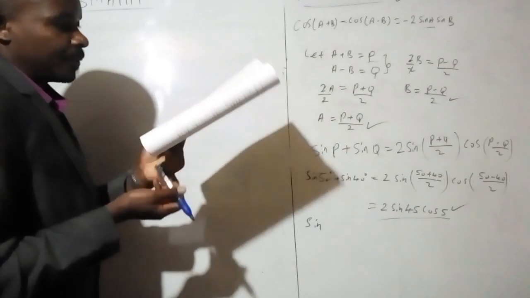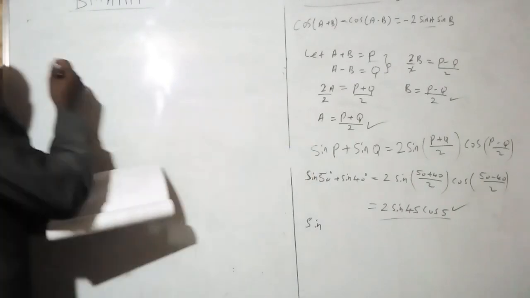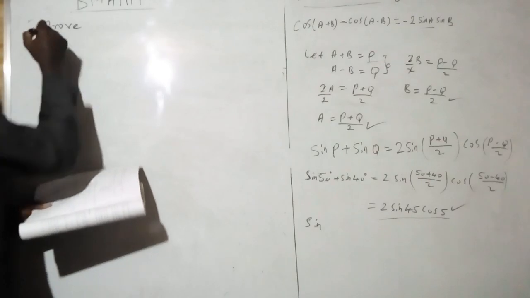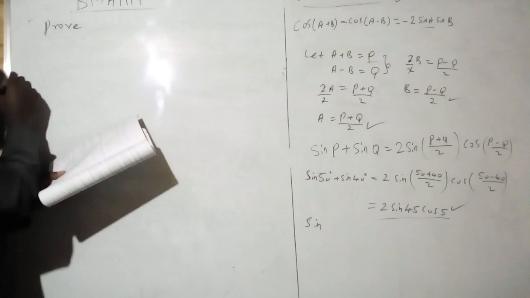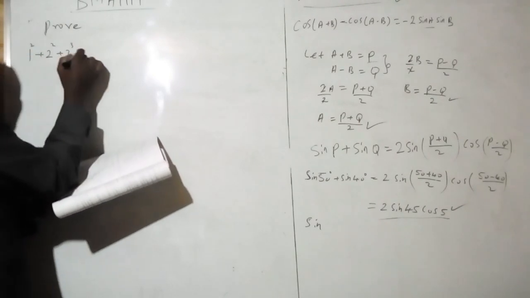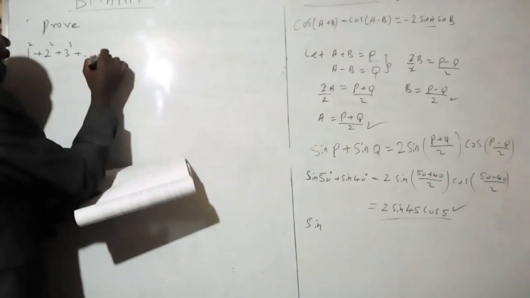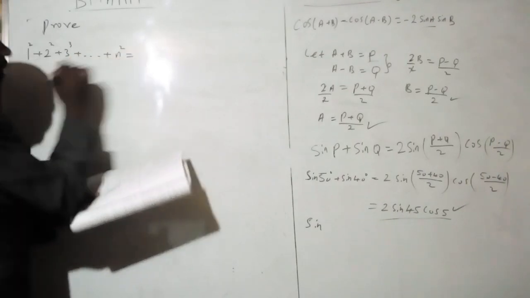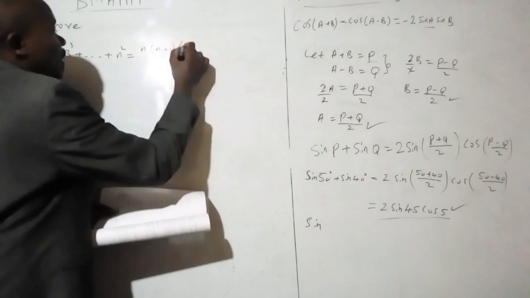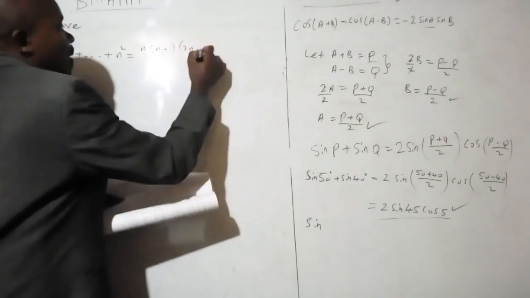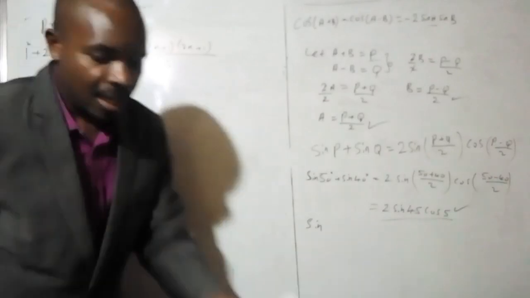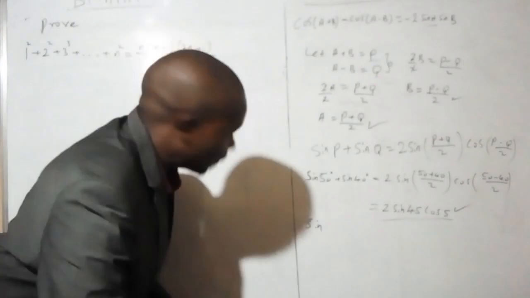We are supposed to prove that 1 squared plus 2 squared plus 3 squared plus dash dash plus n squared is equal to n plus 1, 2n plus 1 all over 6. And we are going to prove it.